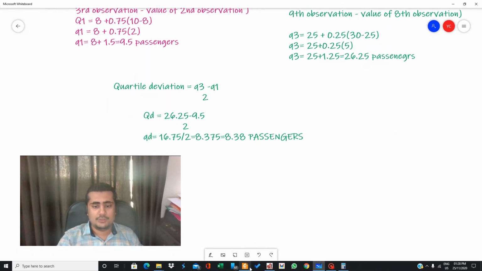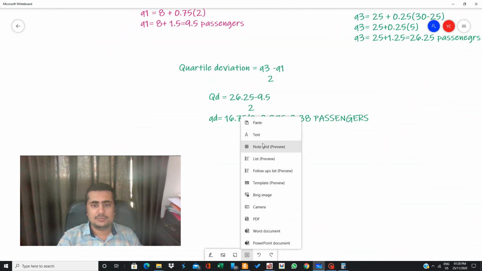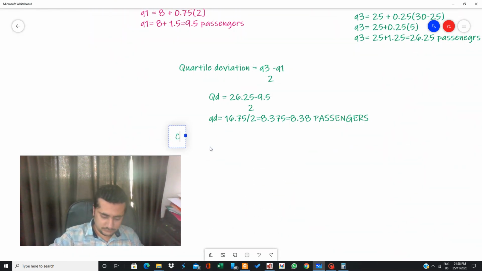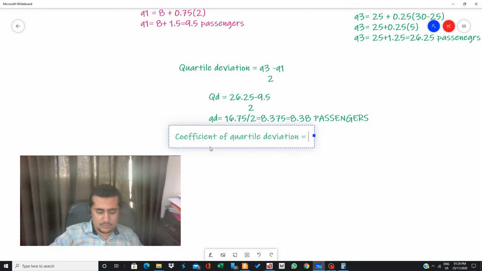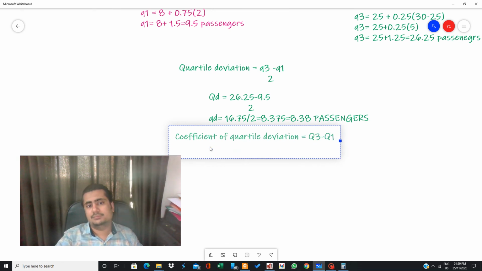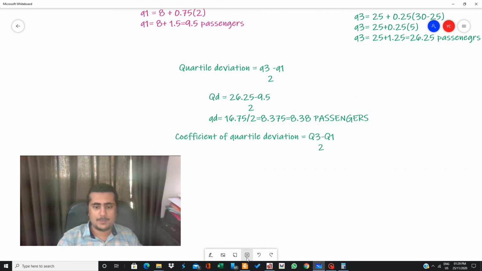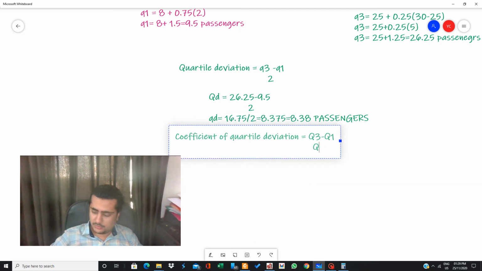Now I have to find the coefficient also. What is the formula for coefficient? Coefficient is Q3 minus Q1 upon Q3 plus Q1.